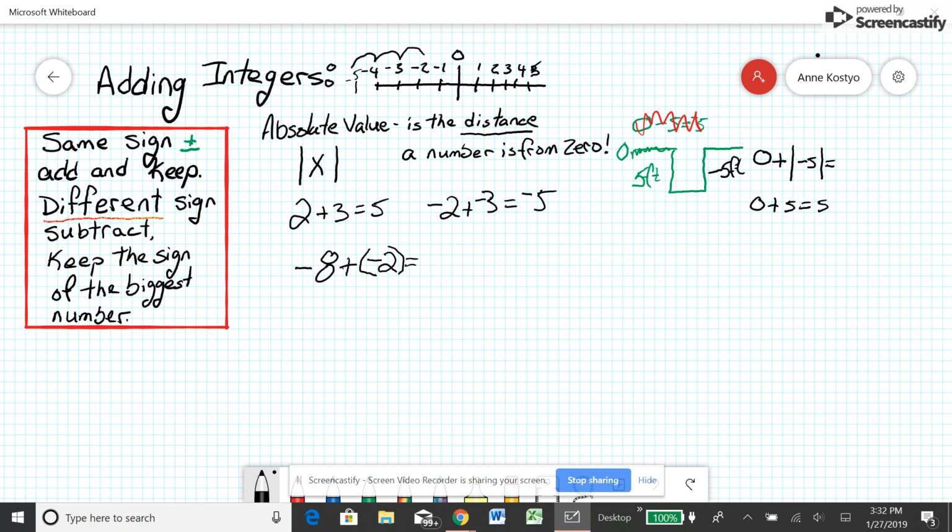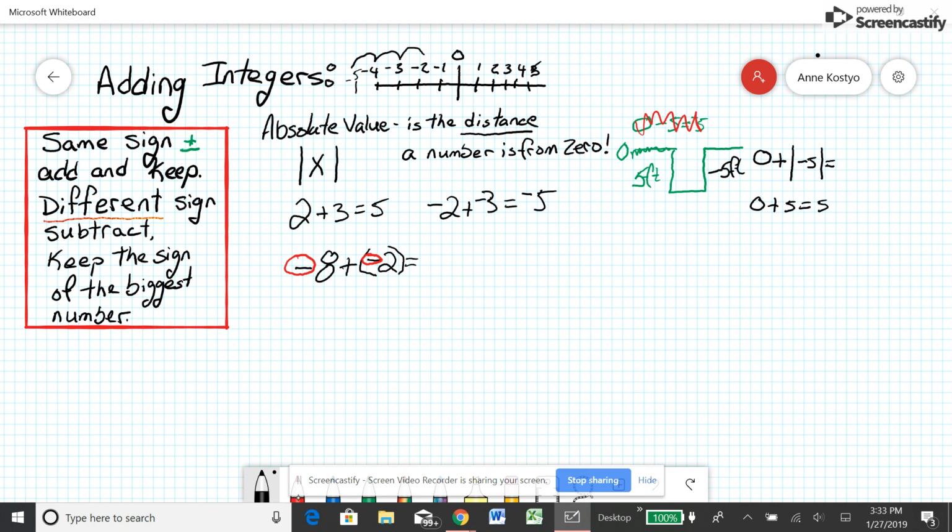All right, well, let's take a look at this problem because we've got some parentheses in here that always make it look a little strange. I have a negative sign in front of the 8, and I have a negative sign in front of the 2. Well, I'm going to go back to my poem, and I can see same sign.